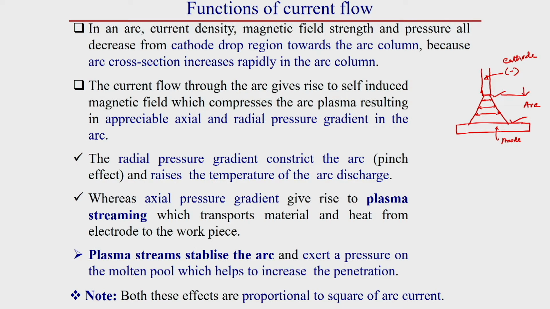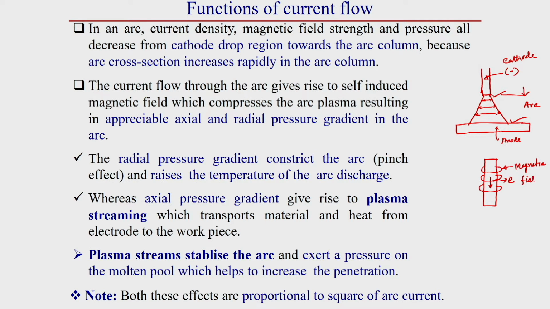That idea we got. As the current density, magnetic field strength and pressure all decrease from the cathode region towards the anode region, a varying magnetic field region is generated. We know that if current flows through a conducting medium, a magnetic field develops around that medium. Let us say current is flowing in this direction.